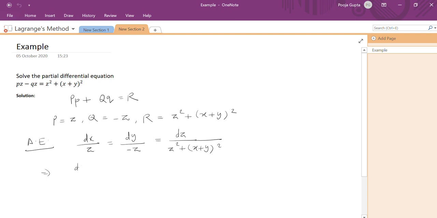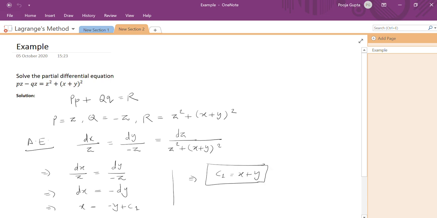This gives dx upon z = dy upon minus z. z will be cancelled, and this will be dx = minus dy, and after integration this will be x = minus y + c1, that is c1 = x + y. This is our first integral.